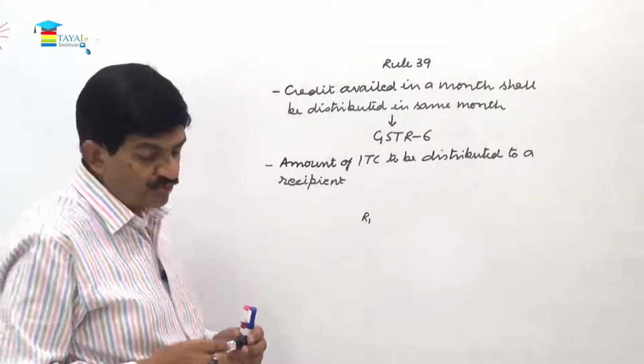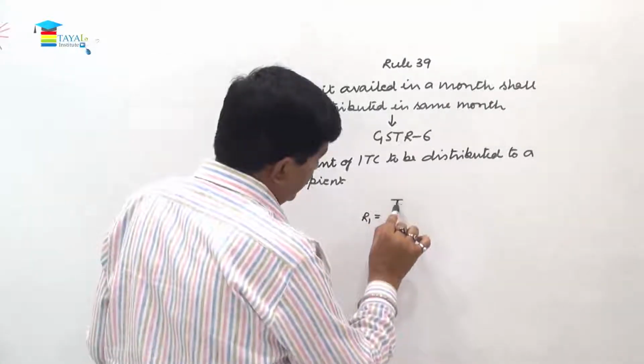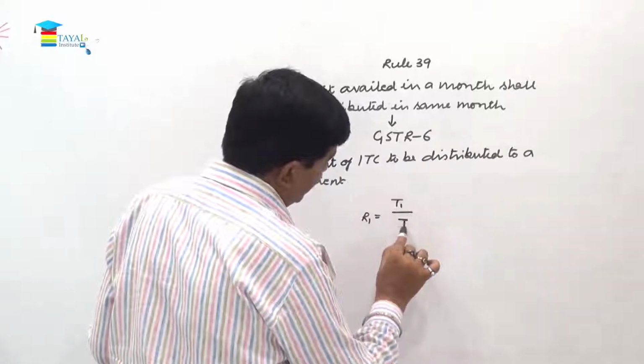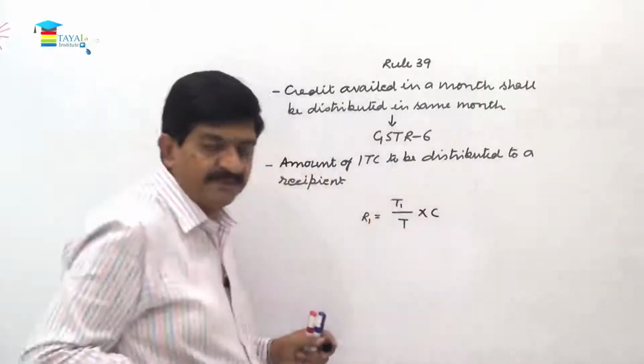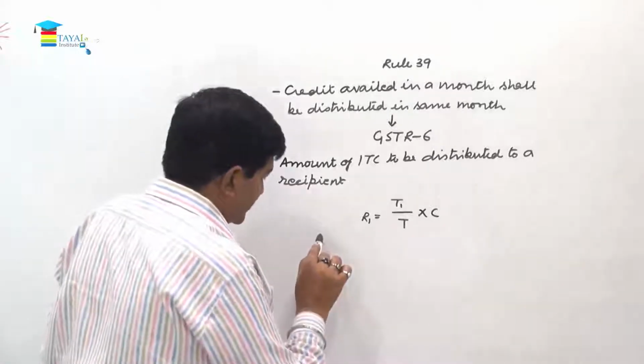How much amount is to be distributed? We have given the number R1. This is T1 divided by total T multiplied by C. So R1 is the amount to be distributed to the particular recipient.